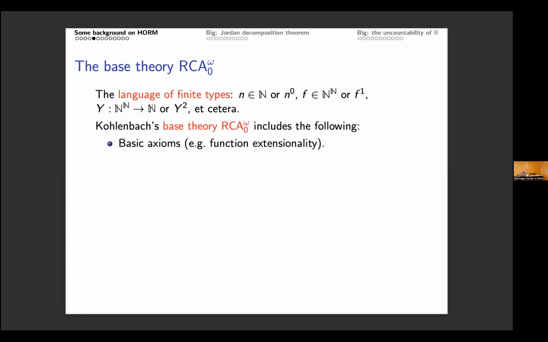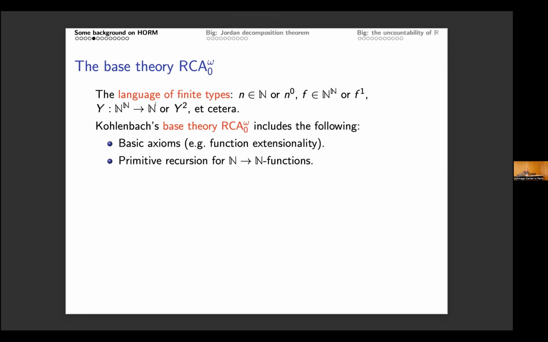The base theory includes, of course, basic axioms. Here we have a mapping from Baire space to N, and identical inputs should yield identical outputs. This is called function extensionality. It's very basic, that's why it's among the basic axioms.